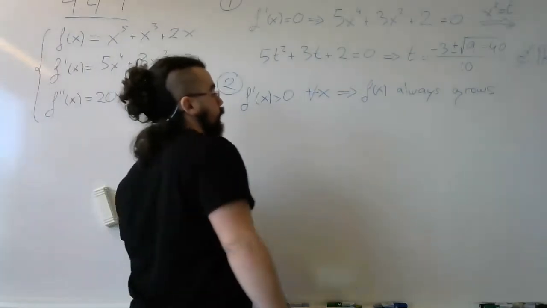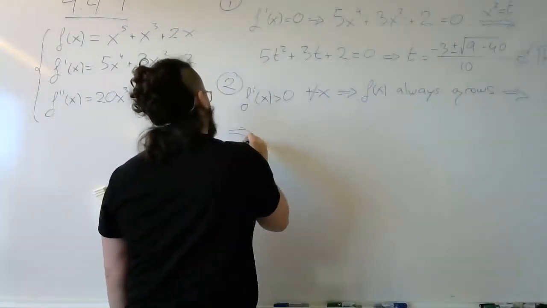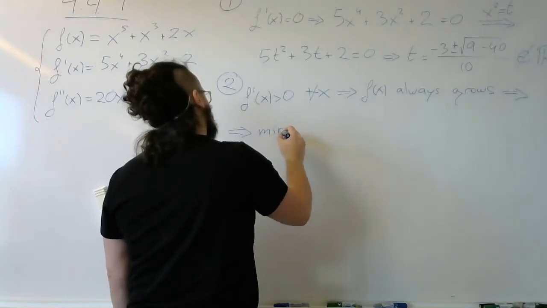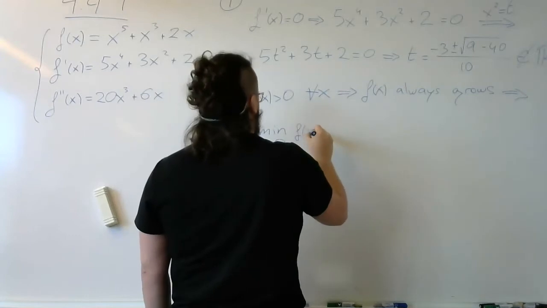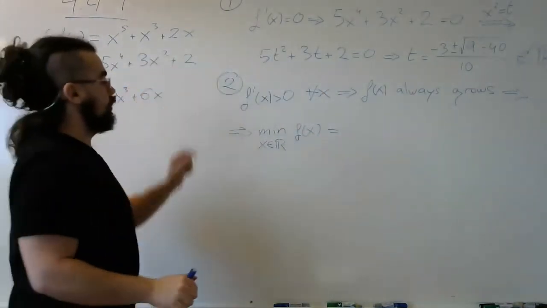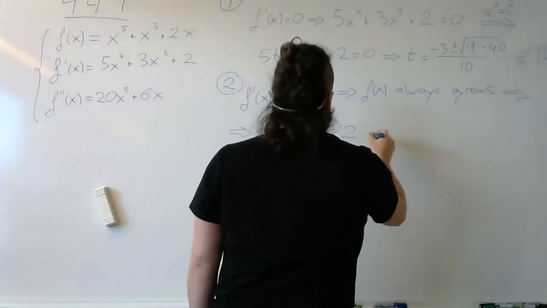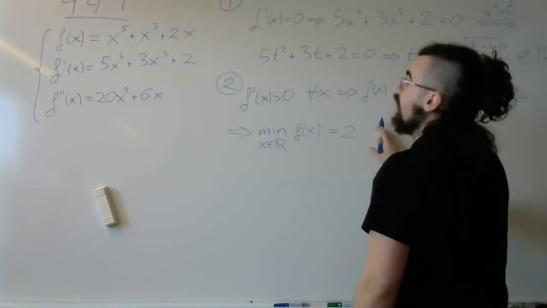So the absolute minimum of f of x, positive 2, it's 2, and it's reached when f equals 0, right?